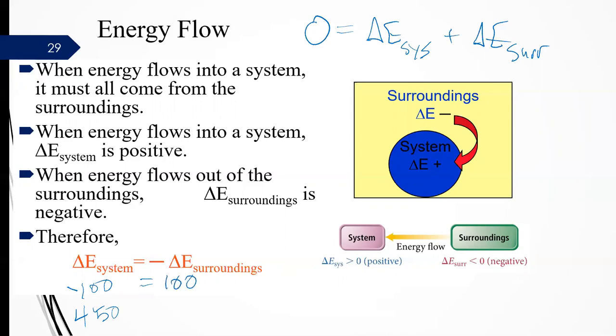So let's say that these are joules. Surroundings would have gained 100 joules because the system lost 100 joules. If our system gained 450 joules, well, that came from our surroundings. So our surroundings lost 450 joules. So it's what we call a zero-sum game, in that what you gain from your system and what you gain from your surroundings have to be equal to 0.